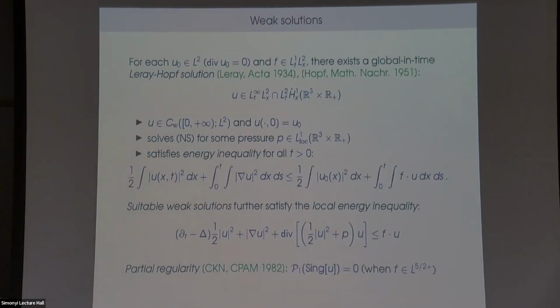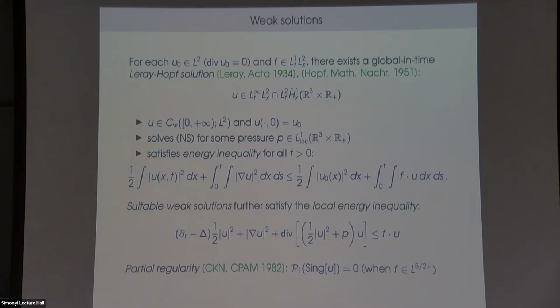Okay, so we don't know. It's a famous open problem whether solutions of Navier-Stokes remain smooth globally in time. But we do have a notion of solution that at least exists globally in time for reasonable initial data. These are weak solutions. Actually, we give them a name, Leray-Hopf solutions, which recognizes the fundamental contributions of Jean Leray in his 1934 paper, and Eberhard Hopf in his 1951 paper, when he treated the case with bounded domains.